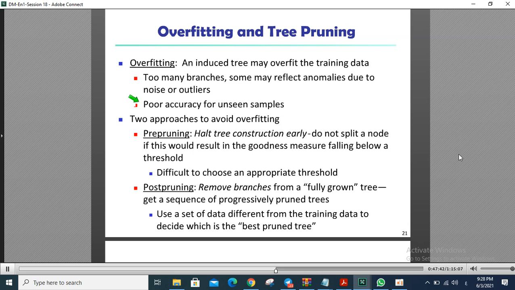If my created tree is affected by anomalies, the final accuracy of the tree will be low.